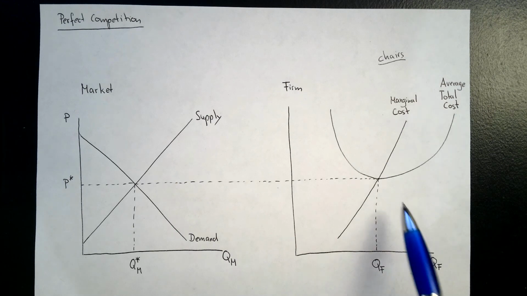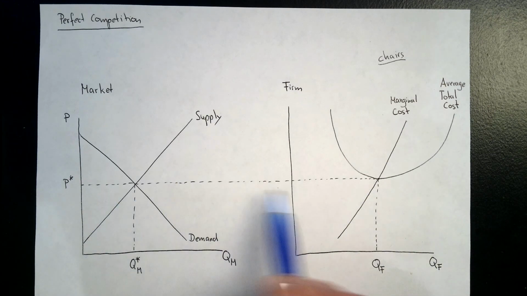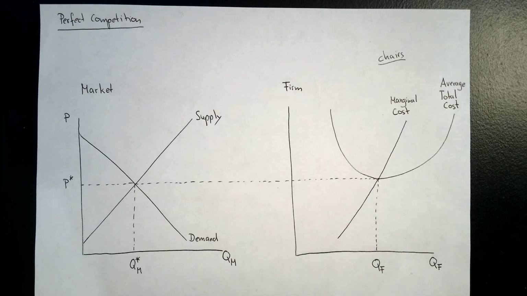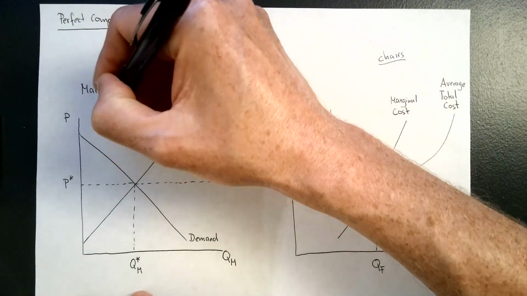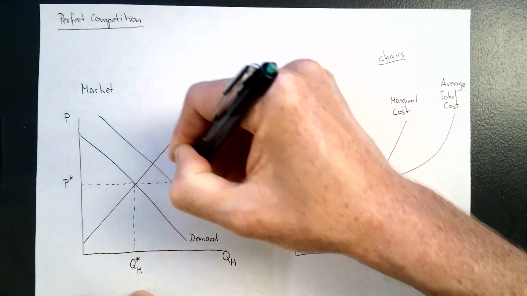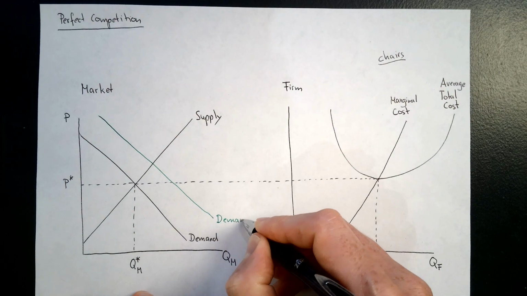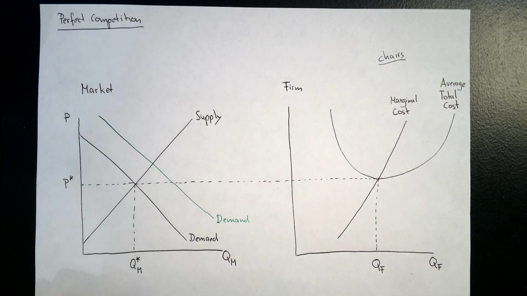And for perfect competition, we also have the situation that the profits are exhausted, in the sense that since you have free entry and exit, firms are entering the market as long as there is a profitable condition. Now, suppose that for some reason you have a shift in the demand, an increase in the demand.